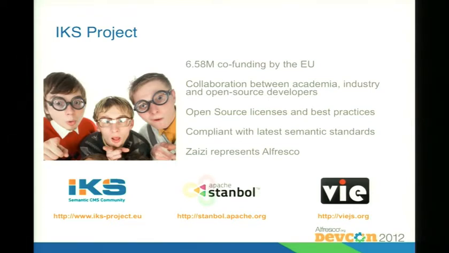So we could say that Apache Stanbol would be the backend for building a semantic web ECM, and VIE would be the front end. Okay, so we'll see how they work later. And then going back to the IKS, it defines all this architecture using Apache Stanbol and VIE.